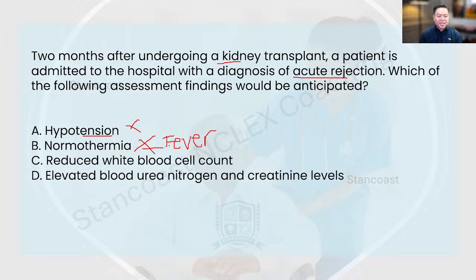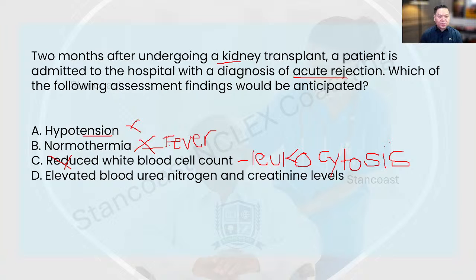So there is now leukocytosis. Reduced white blood cell count is actually leukopenia. So leukocytosis is the supposedly correct option, and this is a wrong option.